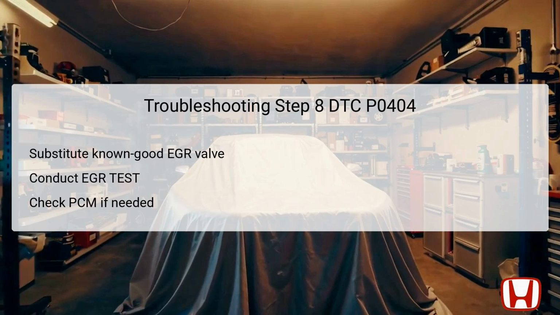If the result shows the system operating correctly, then replacing the original EGR valve is the appropriate action. However, if problems persist, it may be necessary to check whether the PCM has the latest software or substitute a known good PCM until the system recognizes proper functionality.